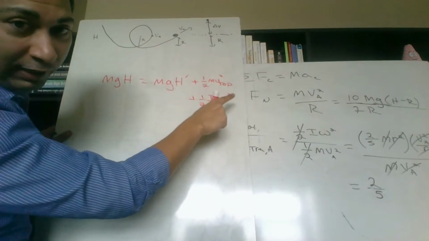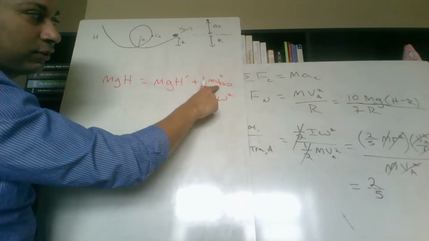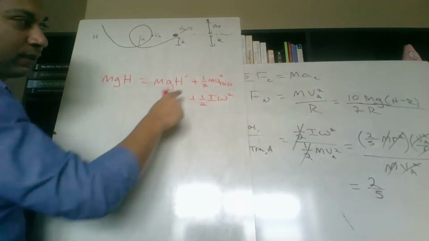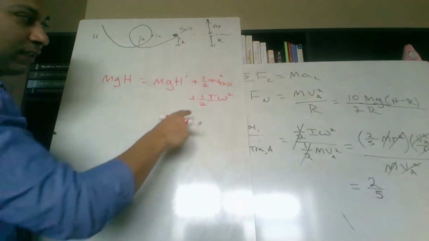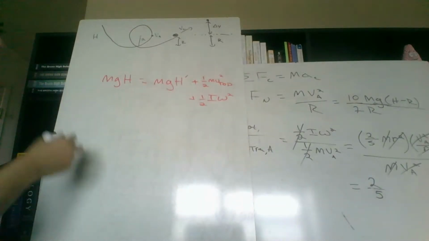Now, it's got no y velocity, but it still has an x velocity here. So this term isn't 0 at the top. There is a velocity in the x direction. So you have a translational energy plus a rotational energy. And then from here, you can solve for h prime.